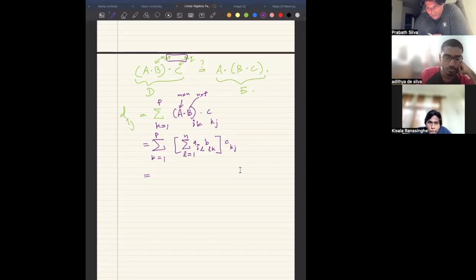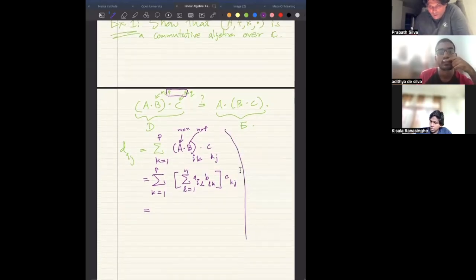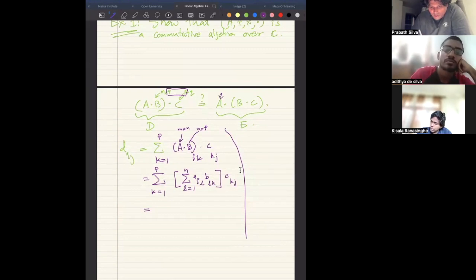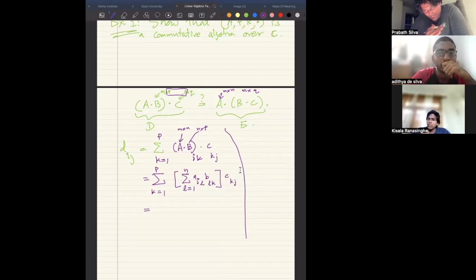I mean, this type of thing is like following your nose now. So in here, what we are after, this is m by n, and this one is going to be n by q, right? So on the right-hand side, you want the summation that goes up to n to be on the outside, and you want the other one to be inside.